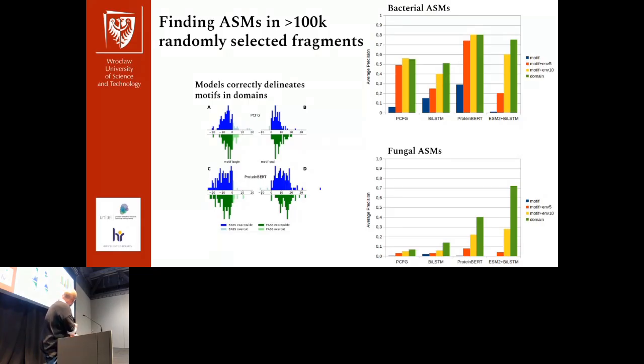Then we checked how fungal motifs can be distinguished from random fragments, and we can see that there was also a huge improvement. And most striking for me was this last result.